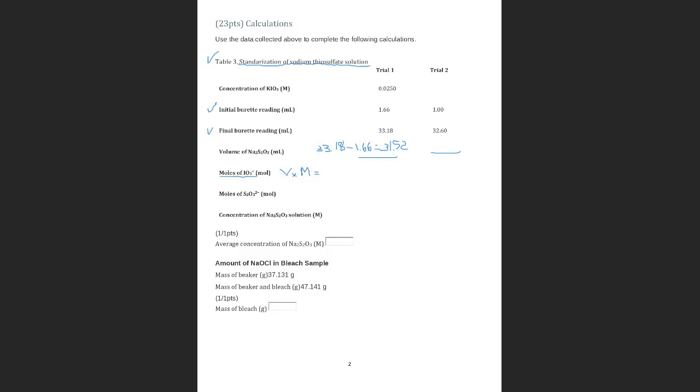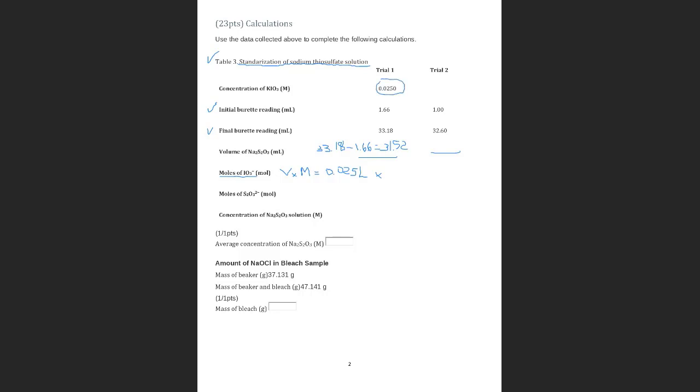When you look at the procedure, what is the volume of the sample? You have to read the procedure as if you are doing it. And when you read that, the volume of iodate that you use is 0.025 liters.